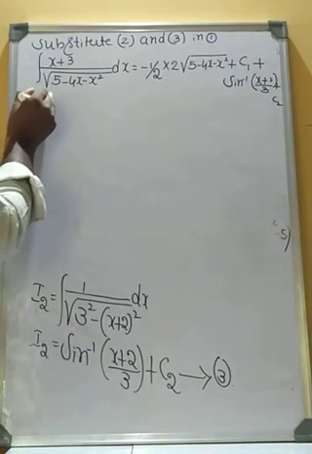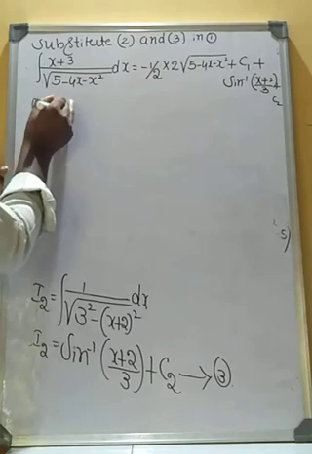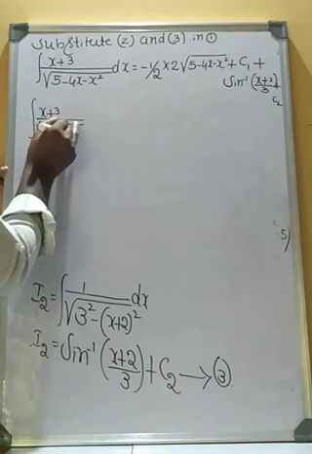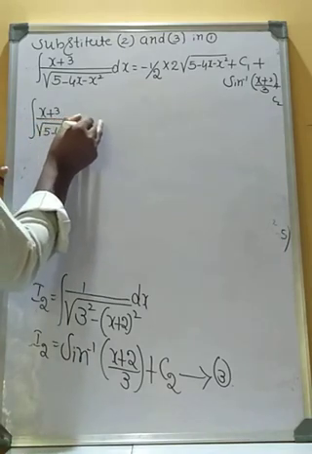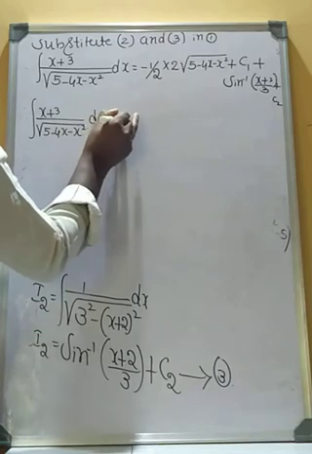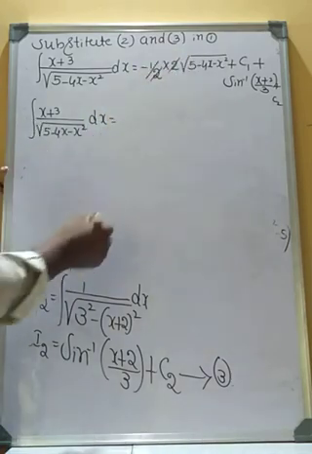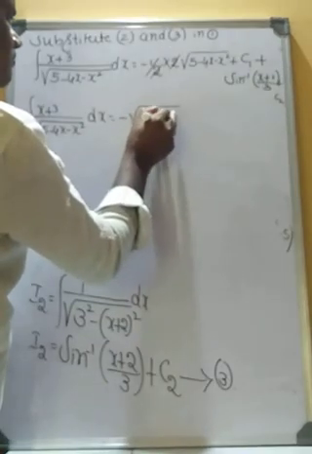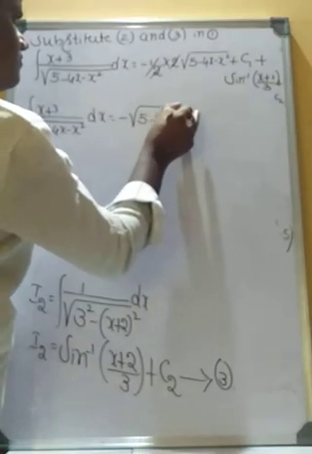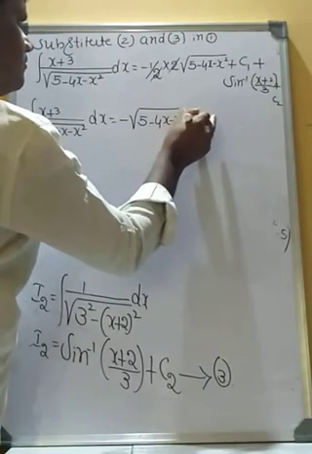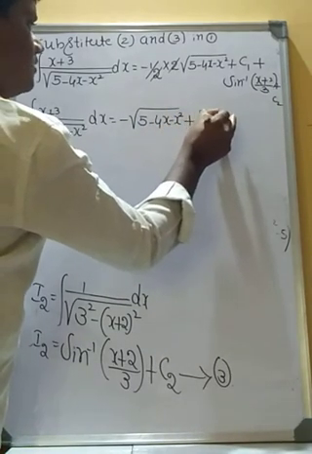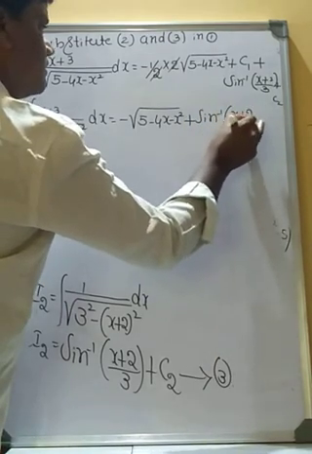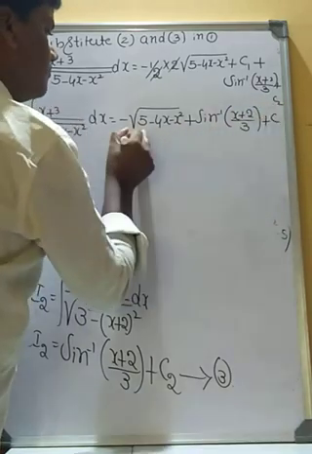Therefore integral of (x plus 3) divided by root of 5 minus 4x minus x square into dx is equal to, 2 cancelling, minus root of 5 minus 4x minus x square plus sine inverse of (x plus 2) divided by 3 plus c.